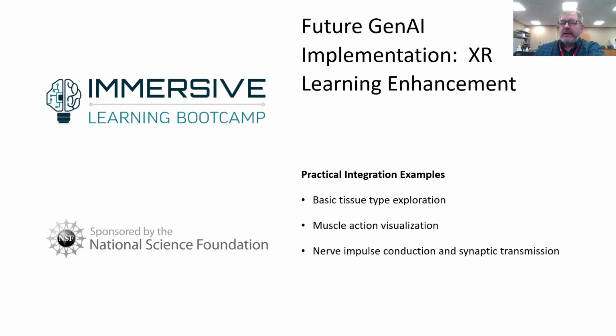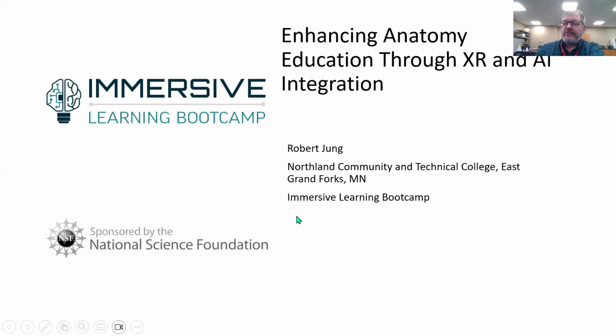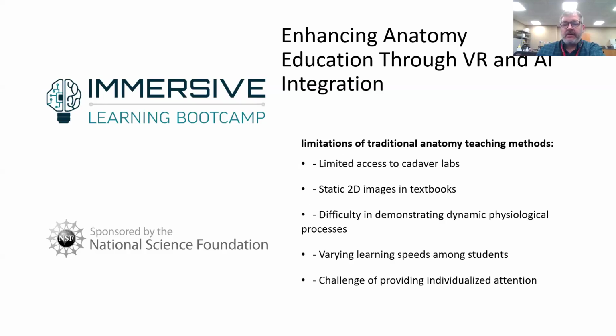But I'm also leaning into XR technology and presentation in my anatomy and physiology laboratories. I see that I'm not on the beginning slide here, so I'll jump back to that. That's the other thing that I'm going to be adding as the tail end of this presentation: some ways in which I've incorporated AI into what I'm doing with XR. So let's go ahead and jump into it here.